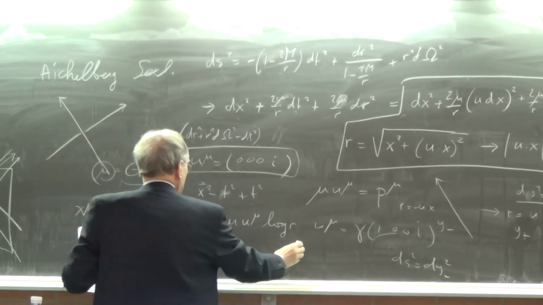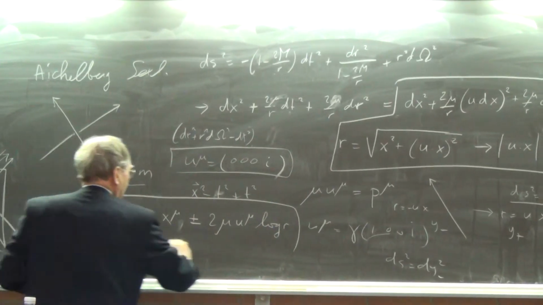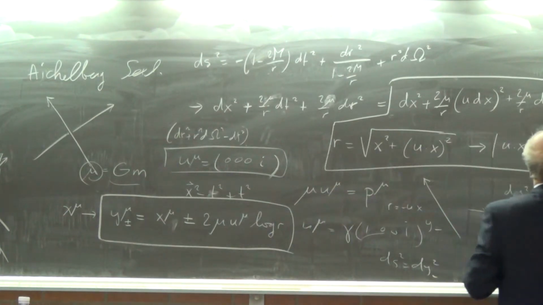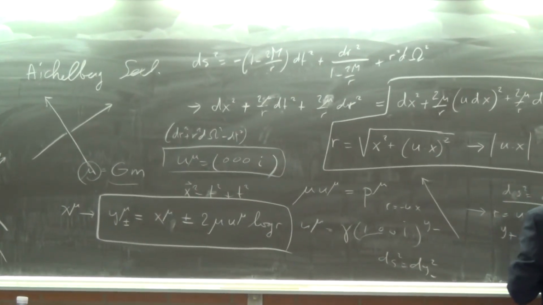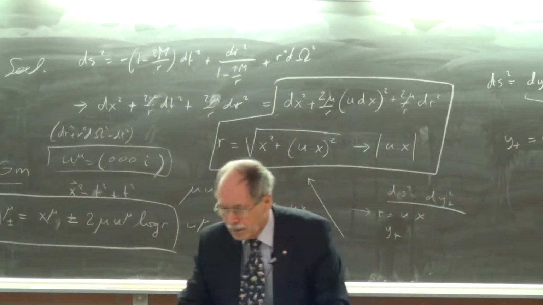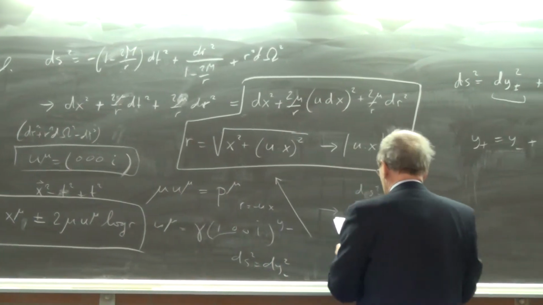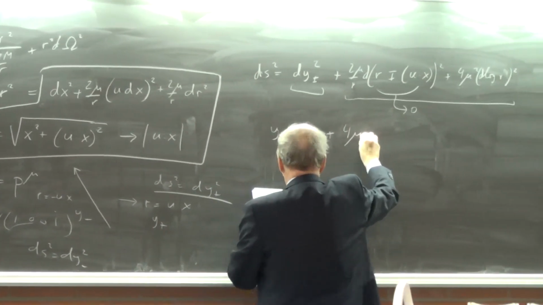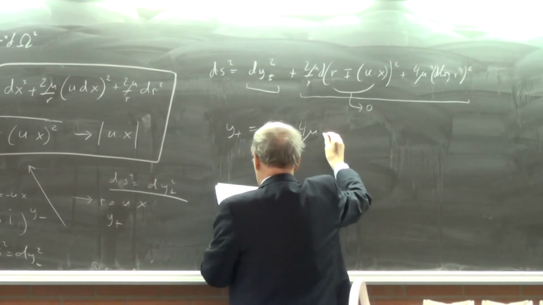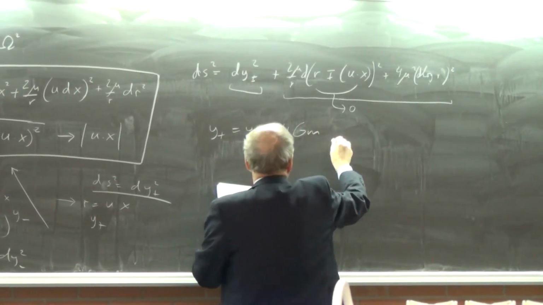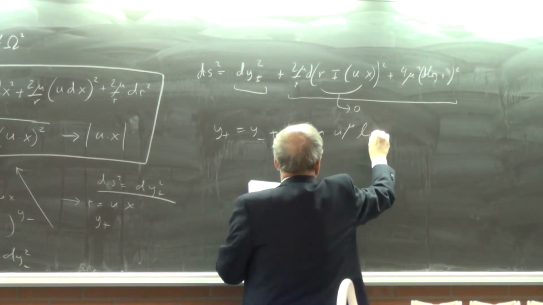Here. So this was the definition of y plus and y minus. They differ by around 4 mu log r. So y plus equals y minus plus 4 G mu log r.